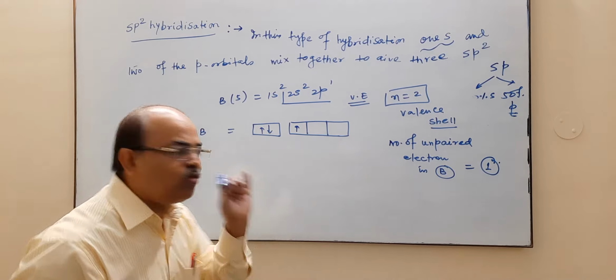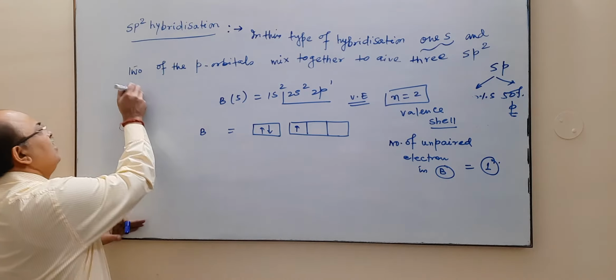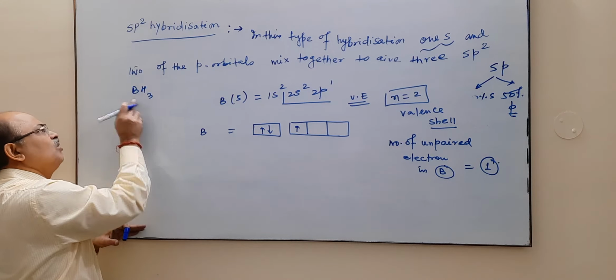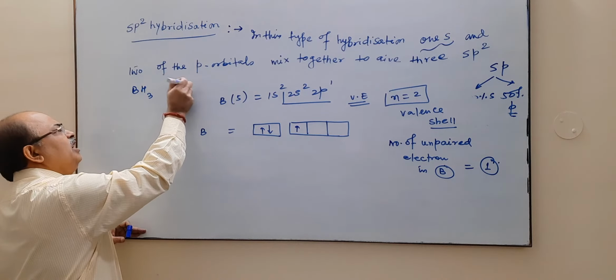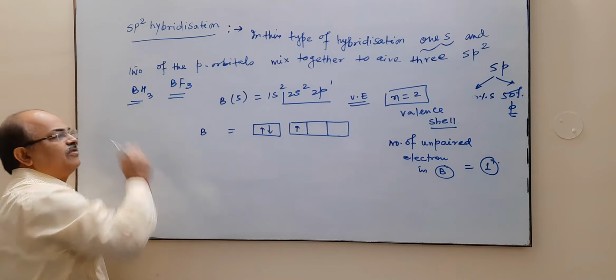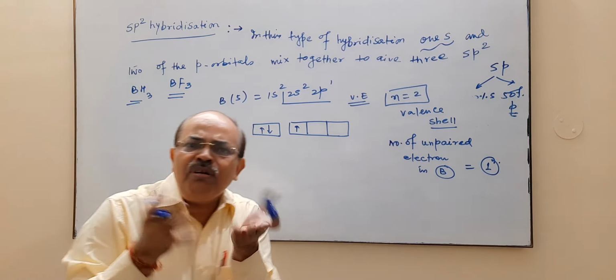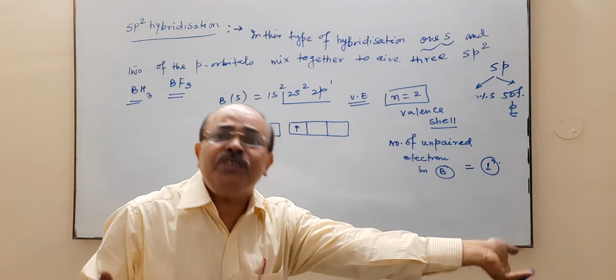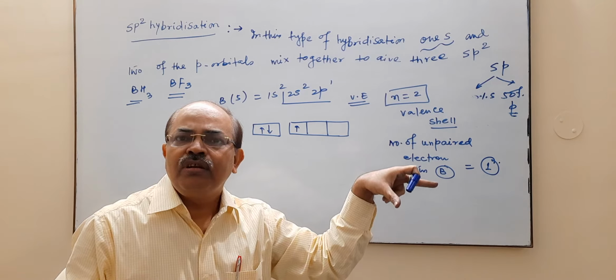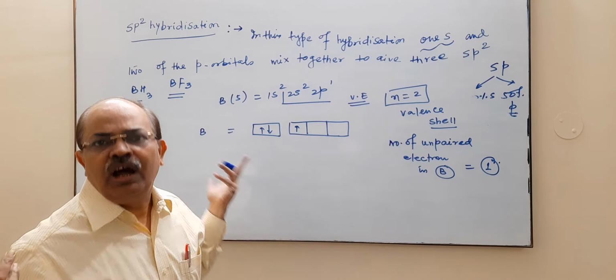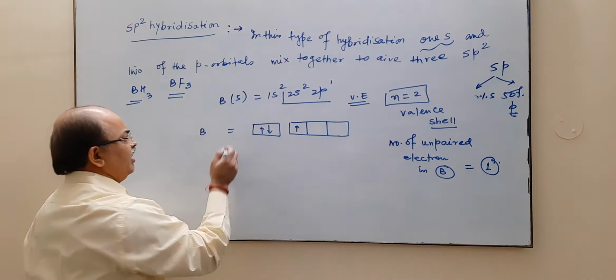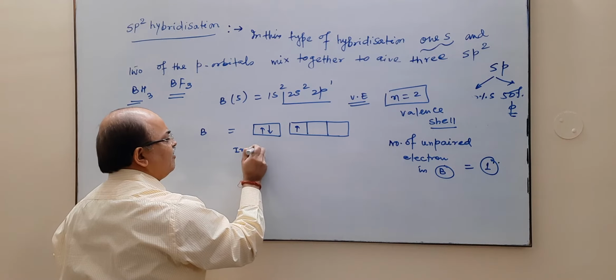But what is the covalency of boron in BH3? Naturally it is 3. What is the covalency of boron in BF3? Again it is 3. So unpaired electron is 1, but it should be 3 to maintain the covalency. कहता है ये कैसे होगा? How is it possible? We can write in excited state.